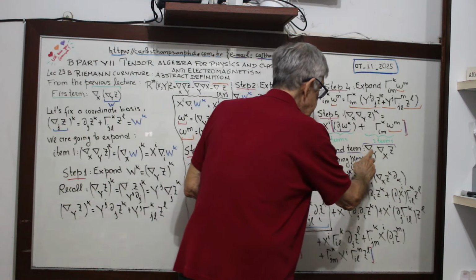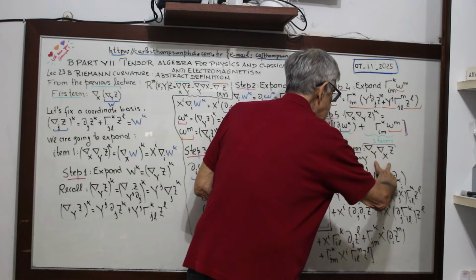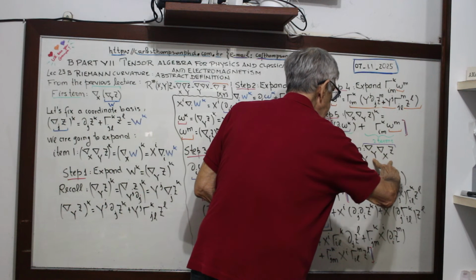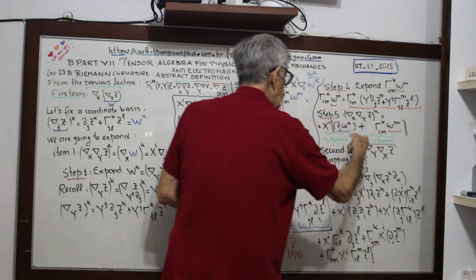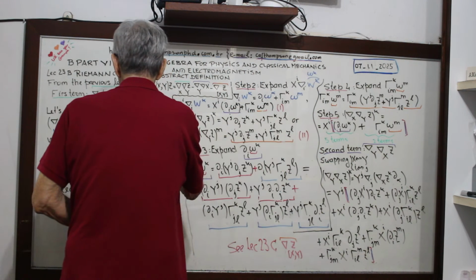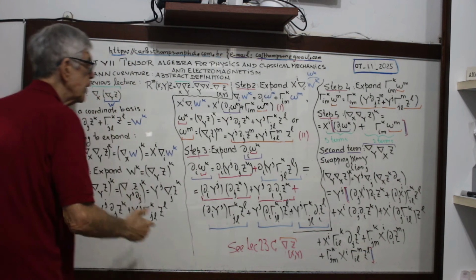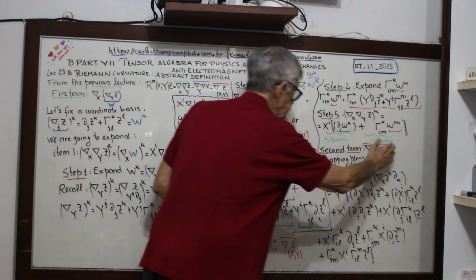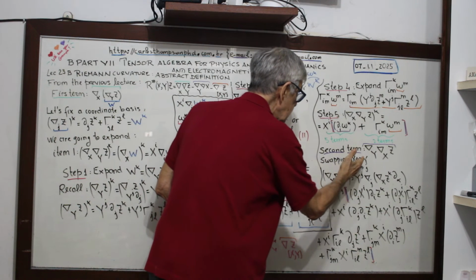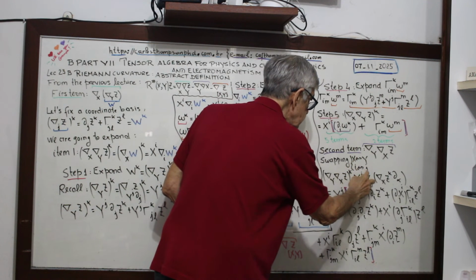The second term is the covariant derivative of y and x, z. I just swap. You compare with the first term. The first term here, I just swap x and y. So there's a second term, swapping x and y and also i and j.